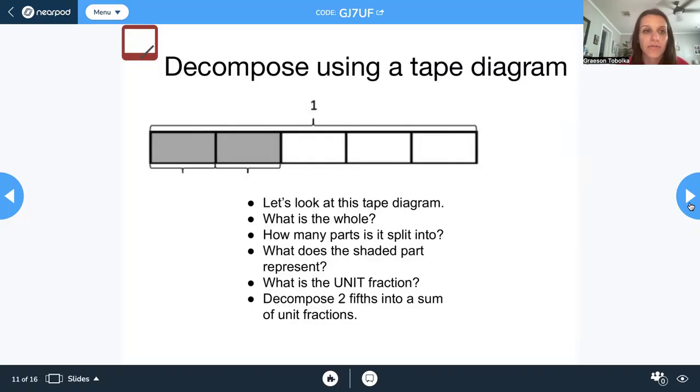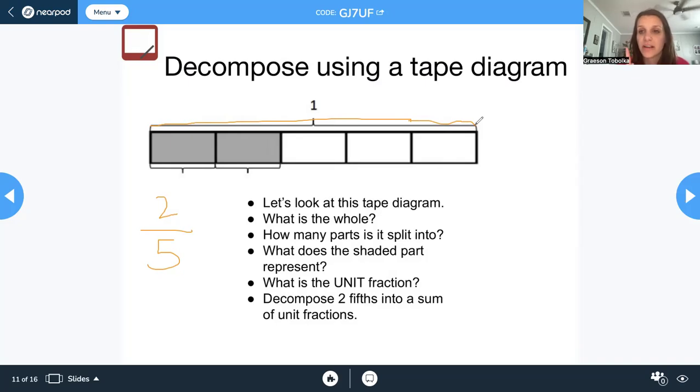What is the whole amount? Well, the whole amount would be that we have 2 shaded out of our whole amount, which is 5. Our whole amount is right here where we put the line across, which shows us 1. These 5 pieces is 1 whole. The shaded part represents how many are shaded, which is 2.